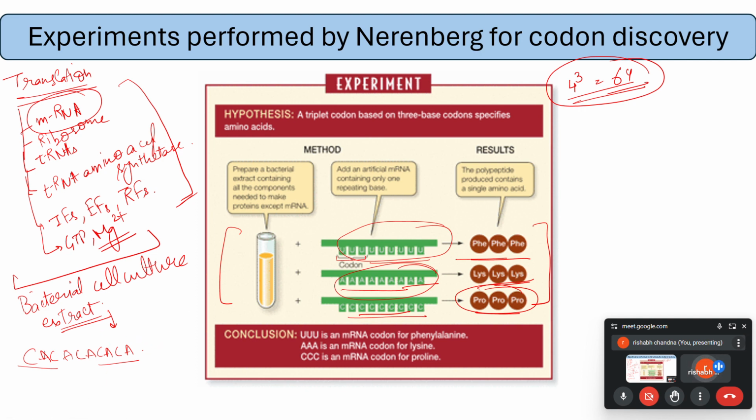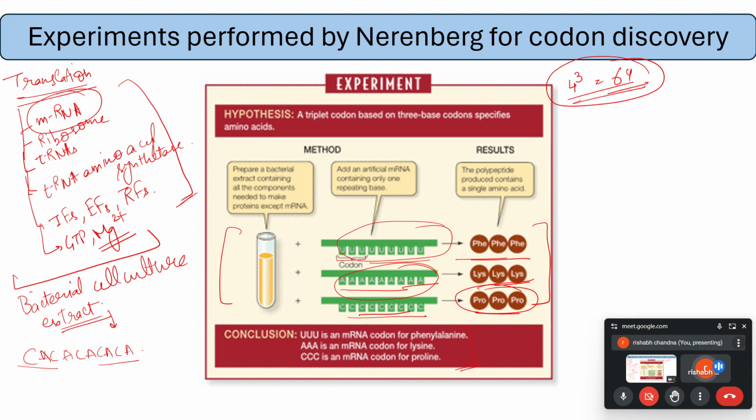So this is how the scientists designed the experiments for determining the codon. The triplet codon is made of three bases. Based on these in vitro experiments, they identified that the codon is a three-base sequence that codes for one amino acid.